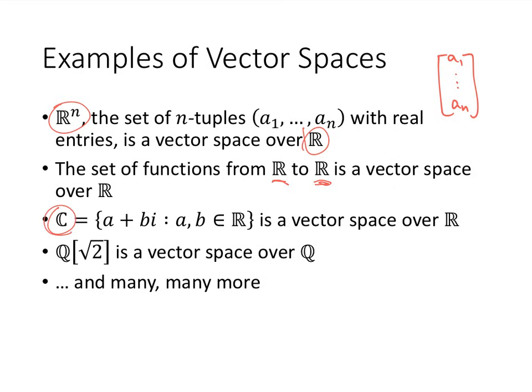The set of complex numbers can be thought of as a real vector space. Now, I'm skipping some of the operations, right? So this set C, if I think of it as a vector space, I'm ignoring some of the operations that can be done on complex numbers. When we think of a vector space, we think of adding two vectors together. We think of multiplying a vector by a scalar.